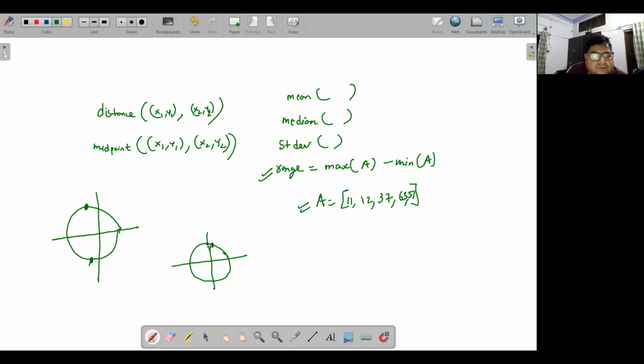At that time the student might get confused about which point we need to use, so always use the topmost point of the circle, or in short, use a point where the circle is divided into two parts.